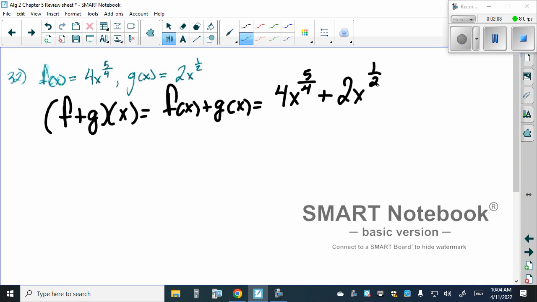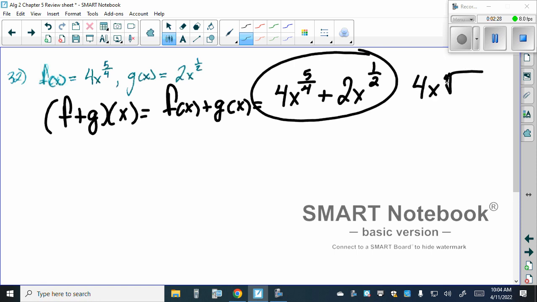Now we can add these together if the variables are the same. Is x to the 5/4 the same as x to the 1/2? No. Because really we're saying here 4 times the 4th root of x plus 2 times the square root of x.